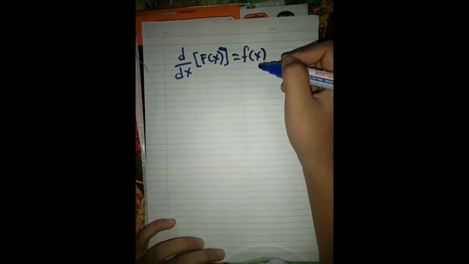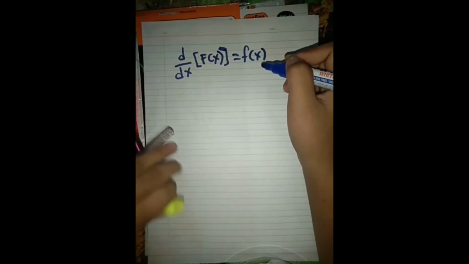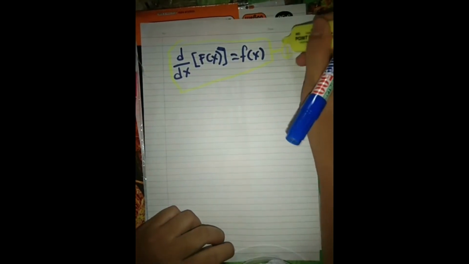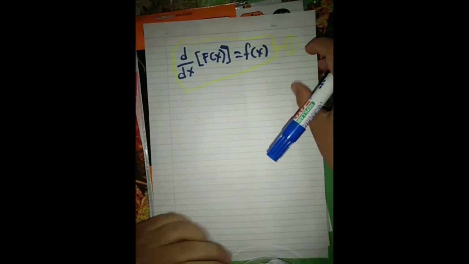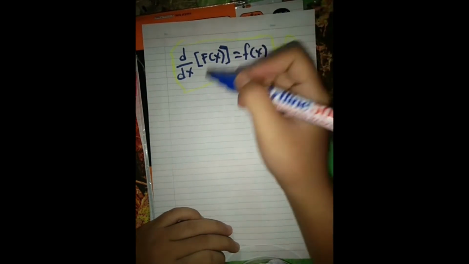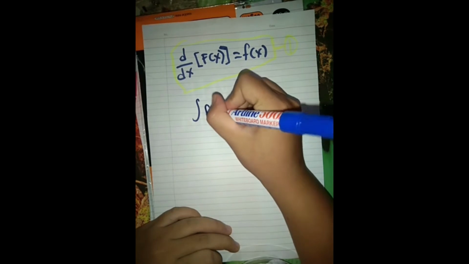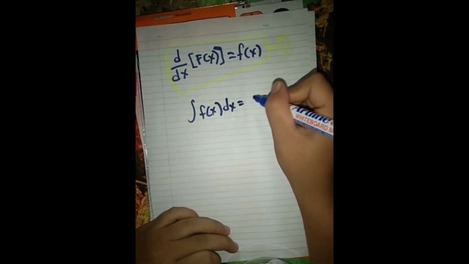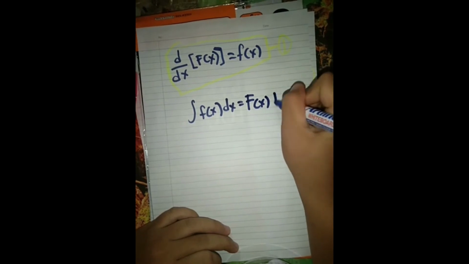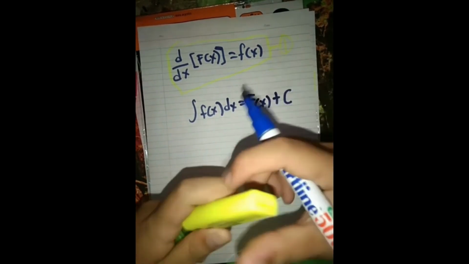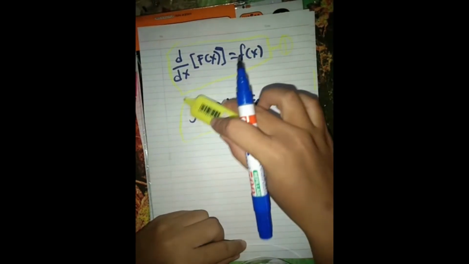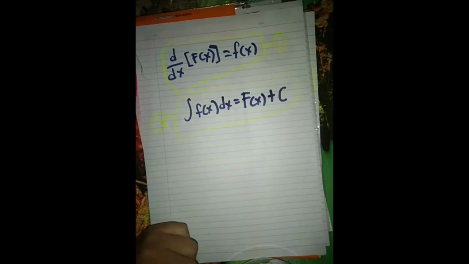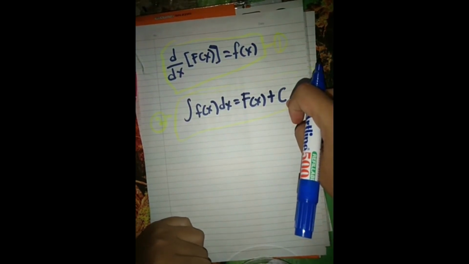To emphasize this process, equation 1 is recast using integral notation, which is the integral of f(x) dx equals F(x) plus c, where c is understood to represent an arbitrary constant.